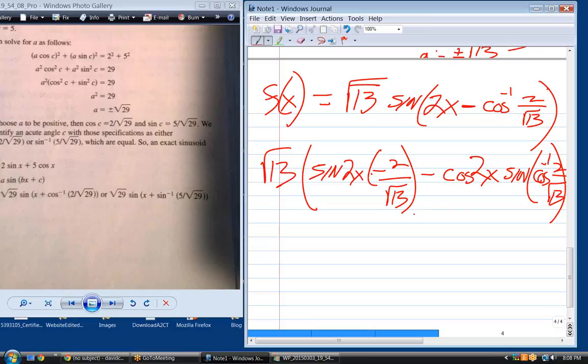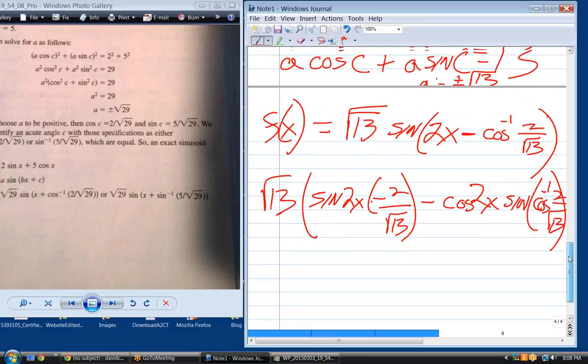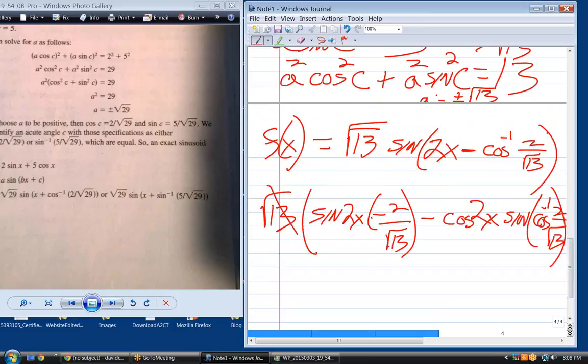And notice that we're getting very close to what we started with. In other words, this root 13 is going to cancel out with that root 13.